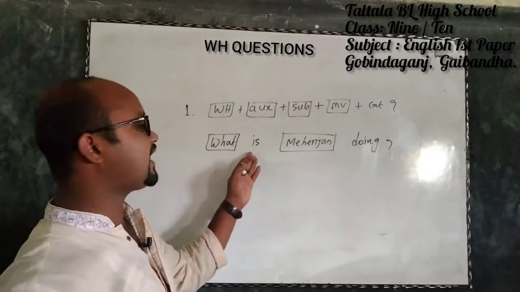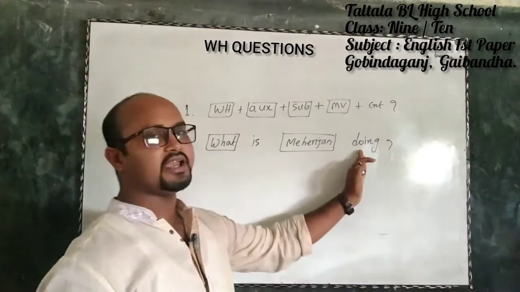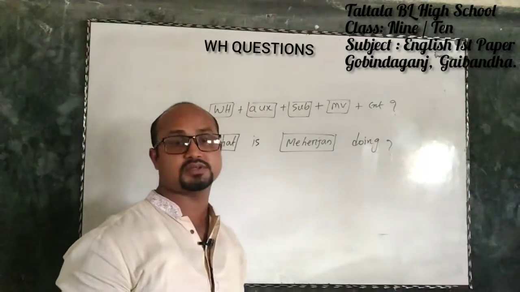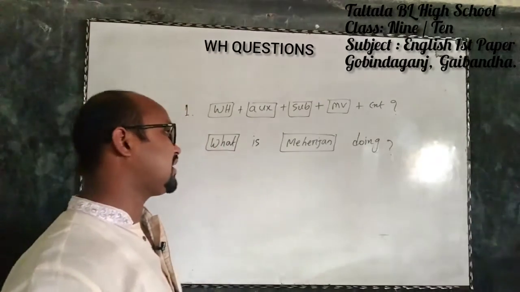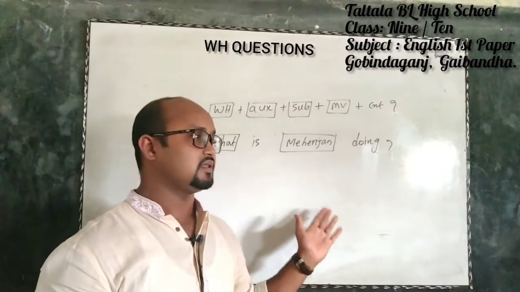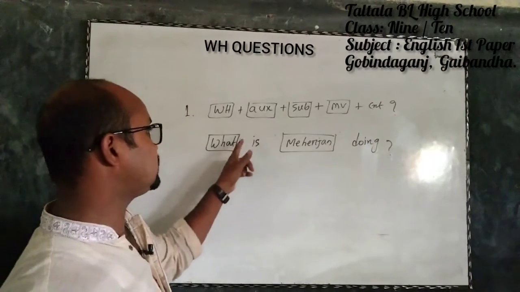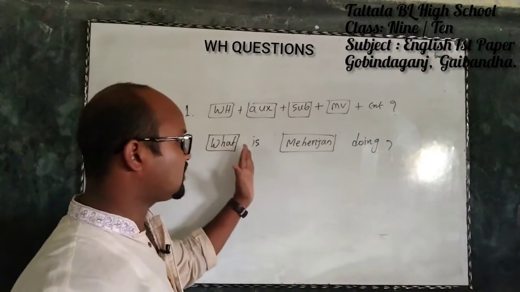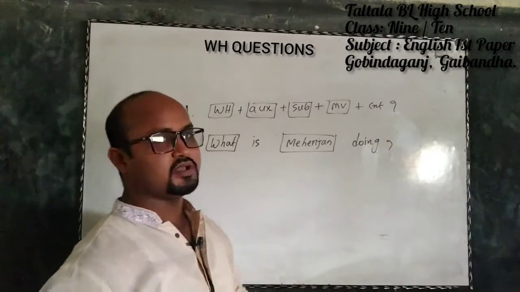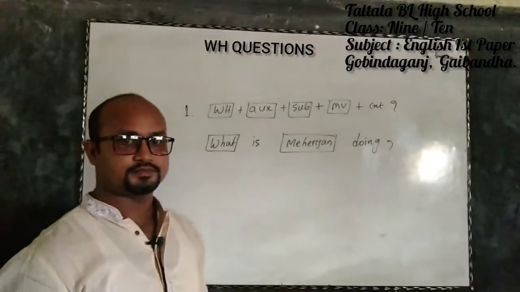If I put here am or is or are, we have to put ing with the main verb, because according to the structure of present continuous tense, we have to add subject, then am or is or are, then ing with the main verb. What is Meherjan doing? The Bengali meaning will be Meherjan ki korche.